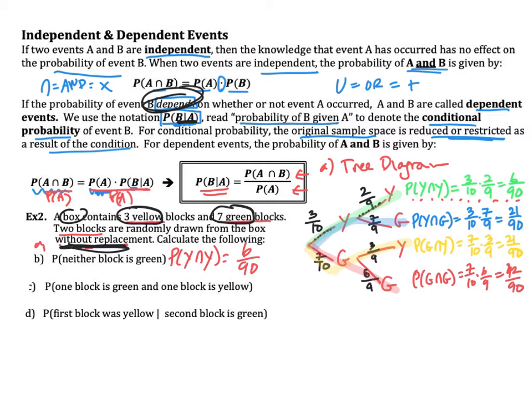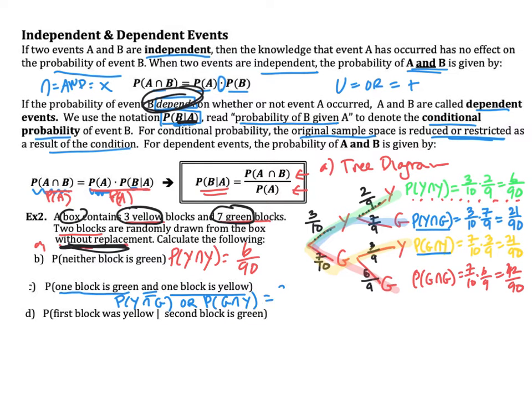Now my second one is different. It says, what is the probability that one block is green and one block is yellow? It doesn't say the first has to be green and the second has to be yellow. It just says one is green and one is yellow. We had 2 different outcomes, right? So we could have had the first one being yellow and the second one being green. So probability of yellow and green, or the probability of green and then yellow.